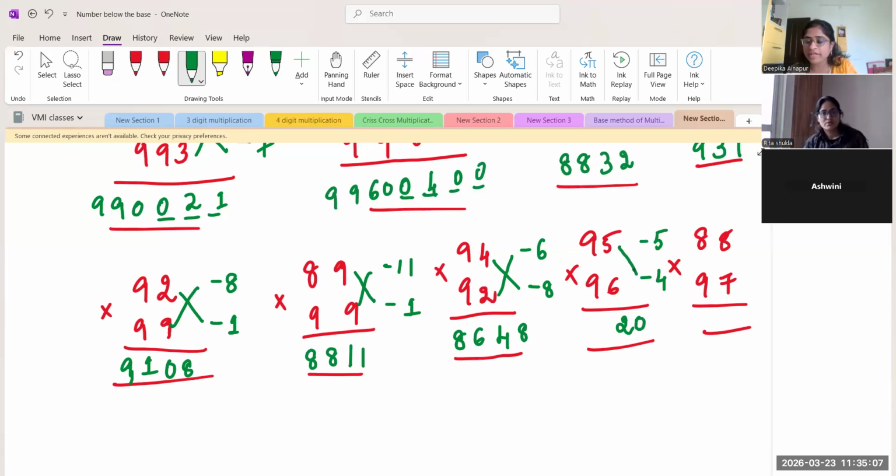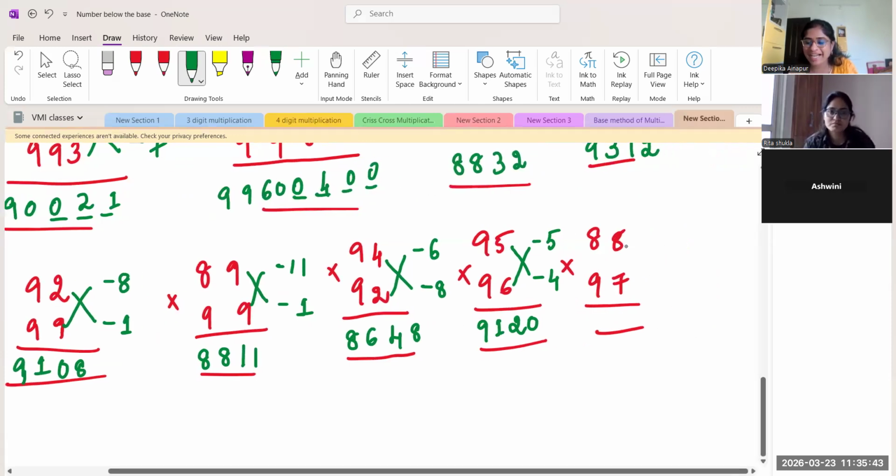And 95 minus 4 will be 89, 96 minus 5 also will be, one second, sorry, 95 minus 4 is 91. 96 minus 5 is also 91. I thought this answer was wrong, but both answers should be correct. That is one way of checking this kind of method. So I got 91 only. 95 minus 4 is also 91. 96 minus 5 is also 91. Okay.